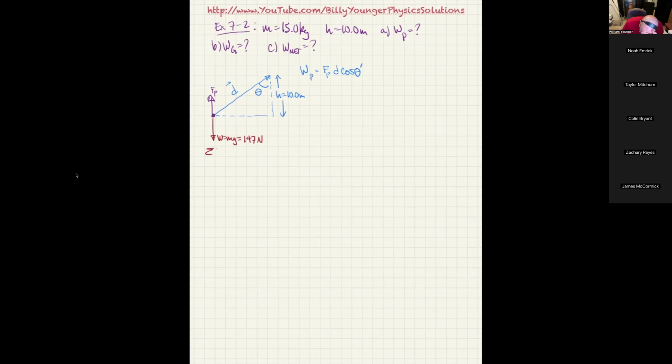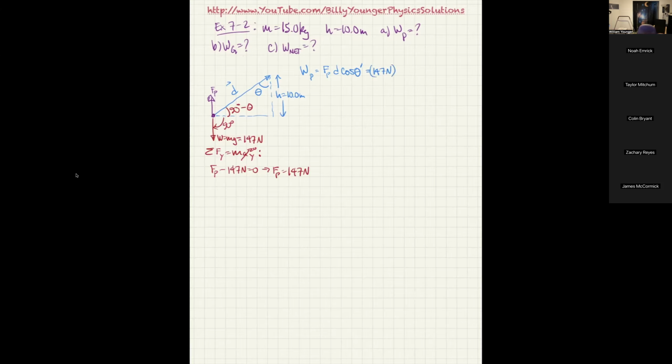If we took the summation of forces in the y direction equals mass times acceleration in the y direction, with the acceleration being zero, we would find that Fp minus 147 newtons is equal to zero. So Fp is equal to 147 newtons. You'd also find that this angle is 90 degrees minus theta, and then this angle is 90 degrees. So when I go to calculate the work done by Fp, I have to put in the 147 newtons.